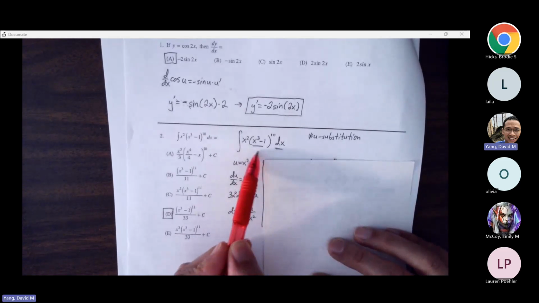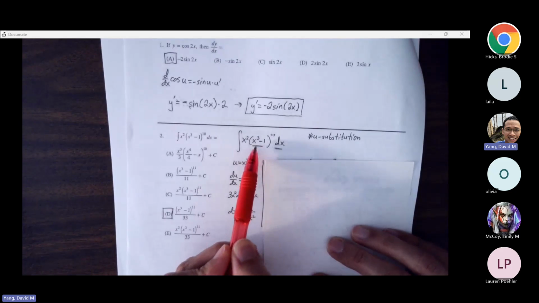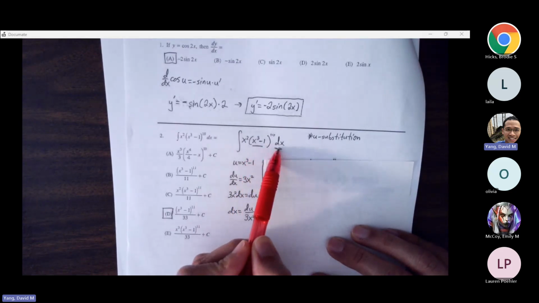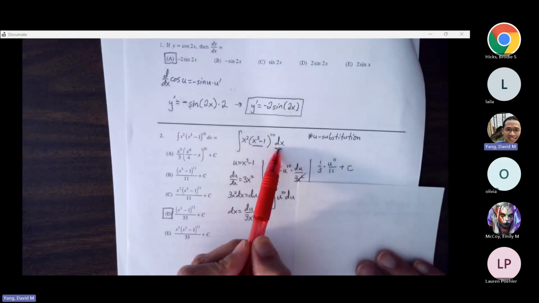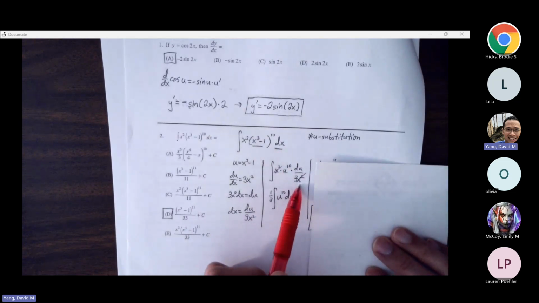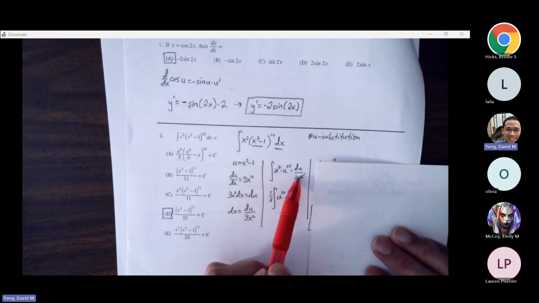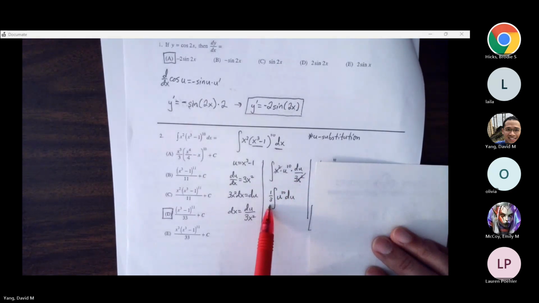We put these back into our integral, replace the parentheses with u, replace dx with du over 3x squared. And we know this is going to work out nicely because our x squared will cancel out. However, we don't want to lose track of that 3, so push that 3 out as 1/3. Now we have a nice clean integral that we can use power rule with.